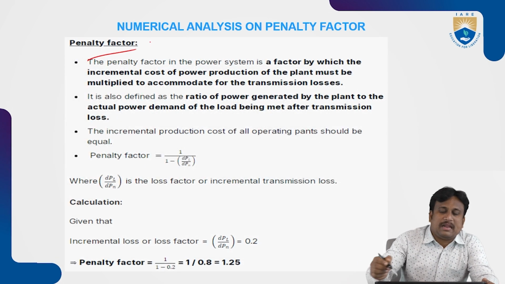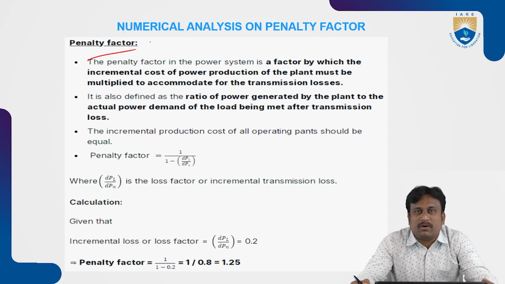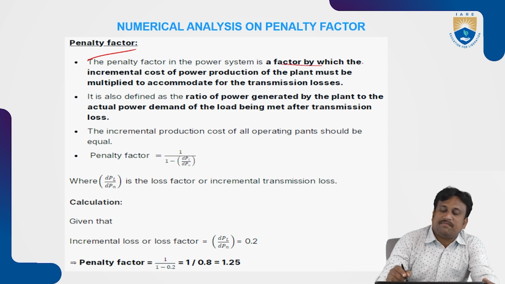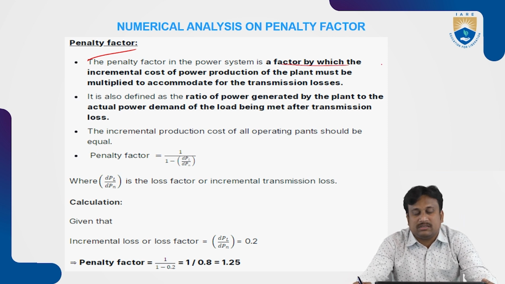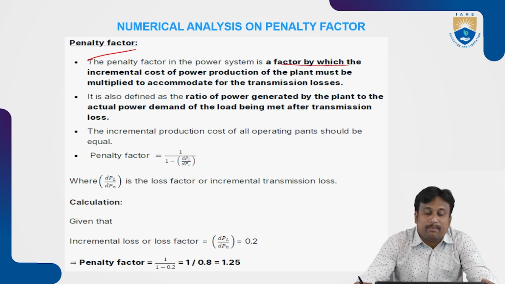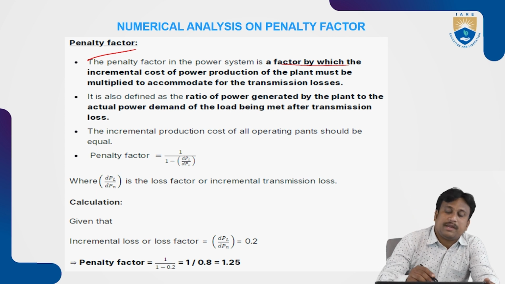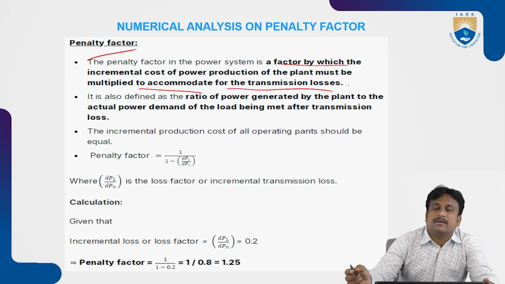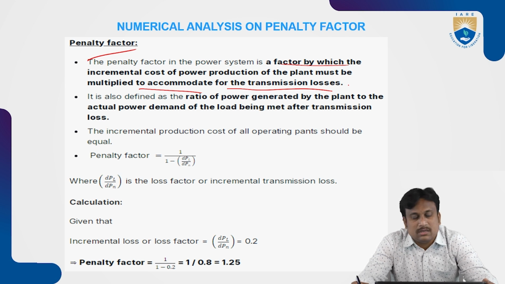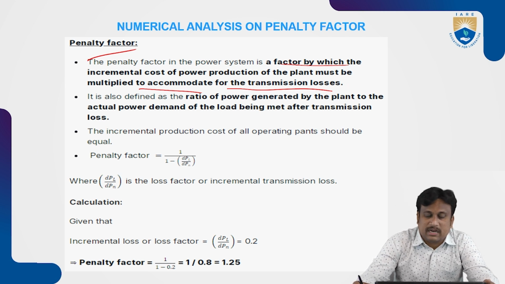Now coming to our penalty factor analysis. In the power system network, it is a factor by which the incremental cost of power production of the plant must be multiplied to accommodate for the transmission losses. So this is the meaning of the penalty factor.